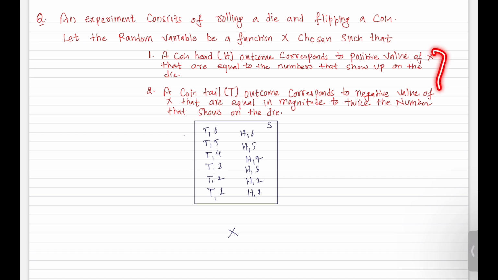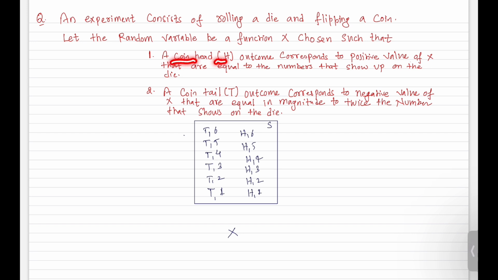Now let's read further to see the mechanism of this random variable, how it maps all these possible outcomes.